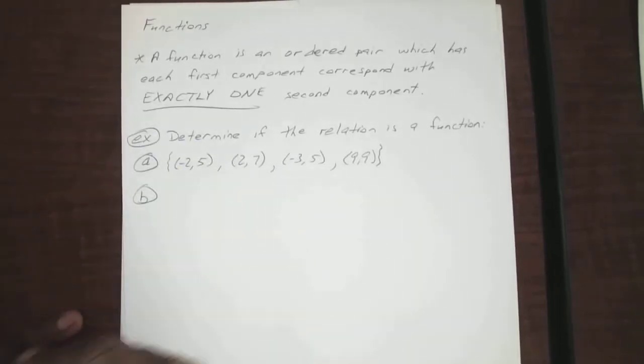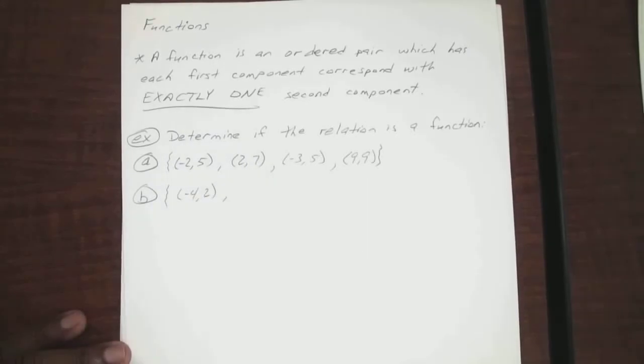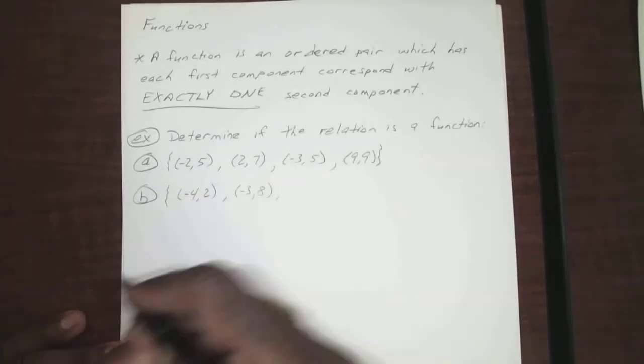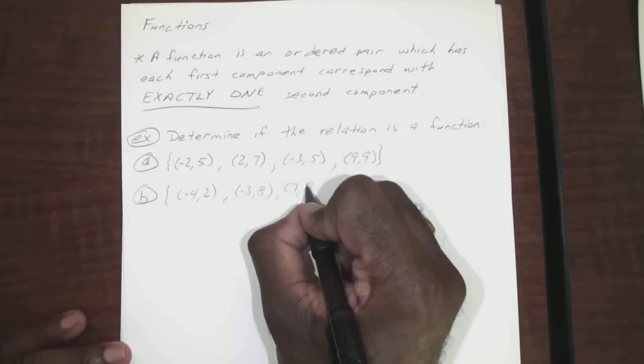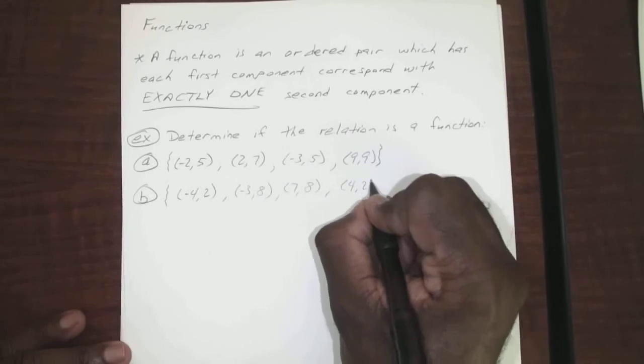Say for B, let's say we have the set of ordered pairs (-4, 2), (-3, 8), (7, 8), and (4, 2).